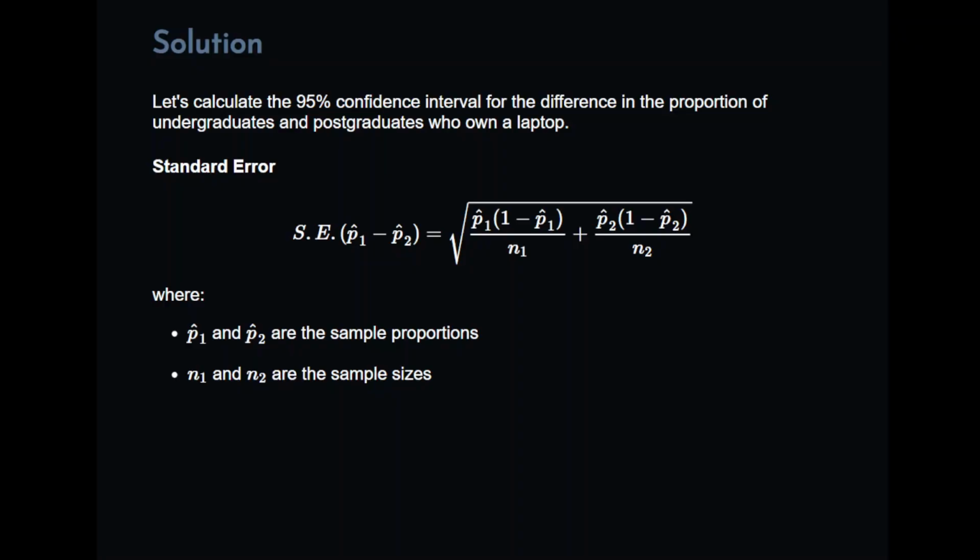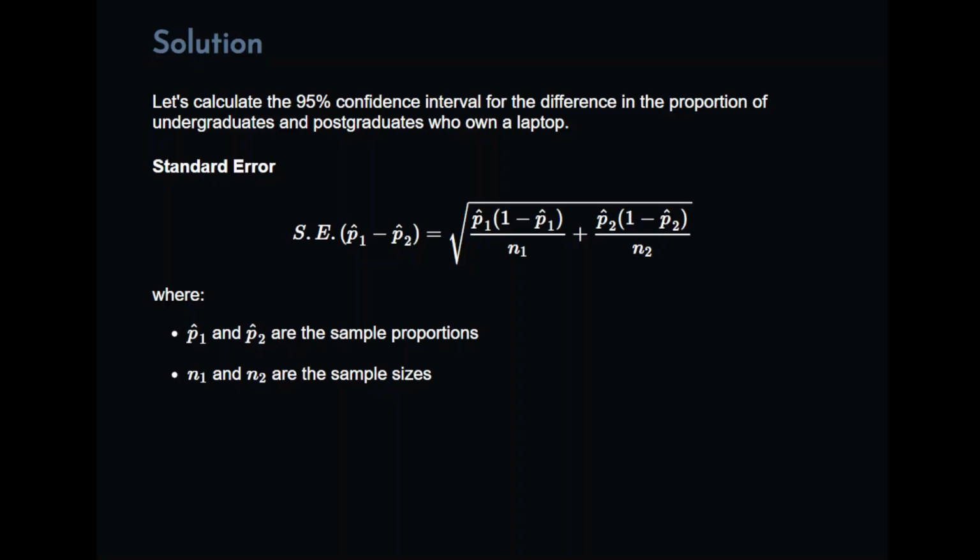Okay, so standard error of p hat 1 minus p hat 2. Those are the sample proportions, and we'll discuss those shortly. It is the square root of p hat 1 times 1 minus p hat 1, which is the complement of p hat 1, divided by n1, that's the sample size corresponding to that sample, plus p hat 2 times 1 minus p hat 2 divided by n2.